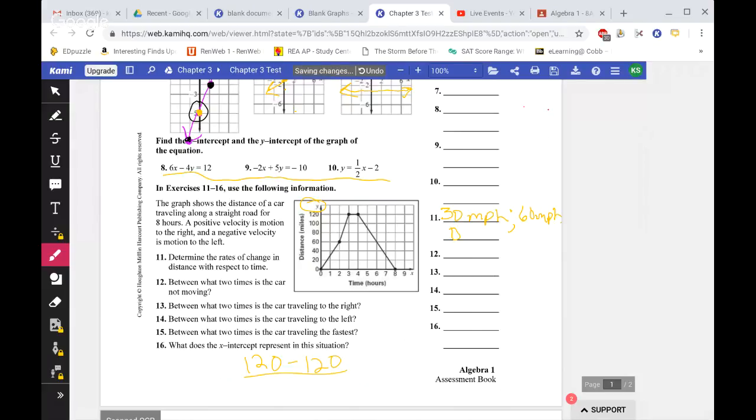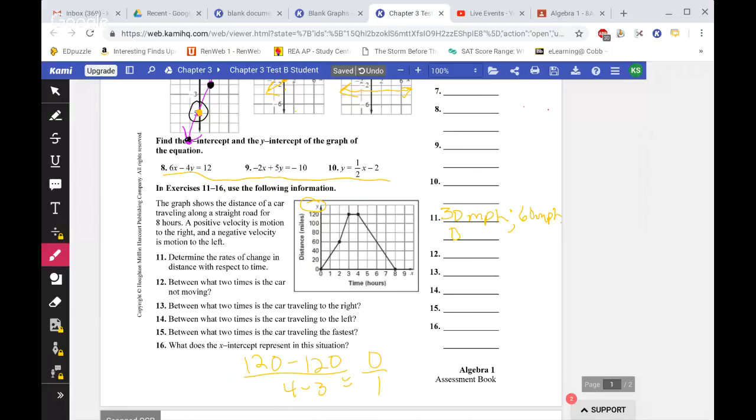If it's not moving, it's left or right. So I could have done 4 minus 3. I'm still going to get 0 over 1. It's still going to be 0 because it's not moving. So on this particular graph, it's probably not going to make much difference.